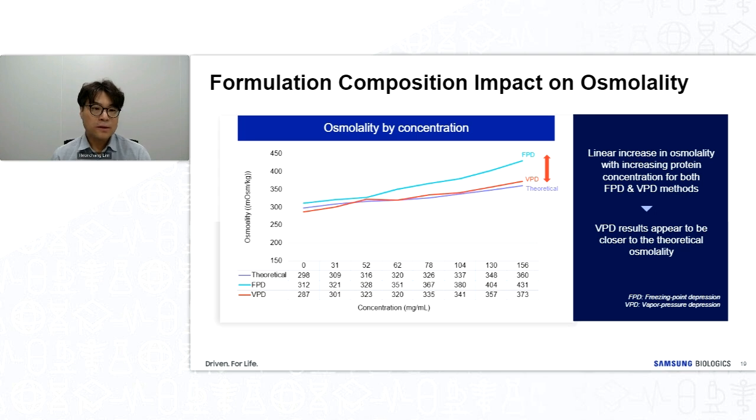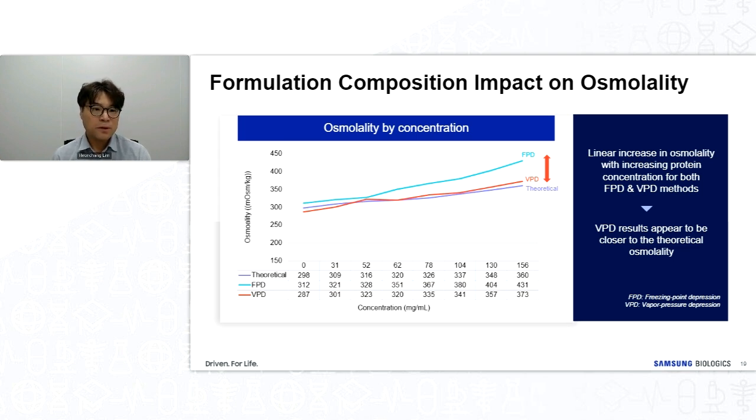Another analytical consideration for establishing high concentration formulations is osmolarity. In this example, differences are observed between the measured osmolarity from different types of osmolarity instruments, freezing point depression and vapor pressure depression osmometers.